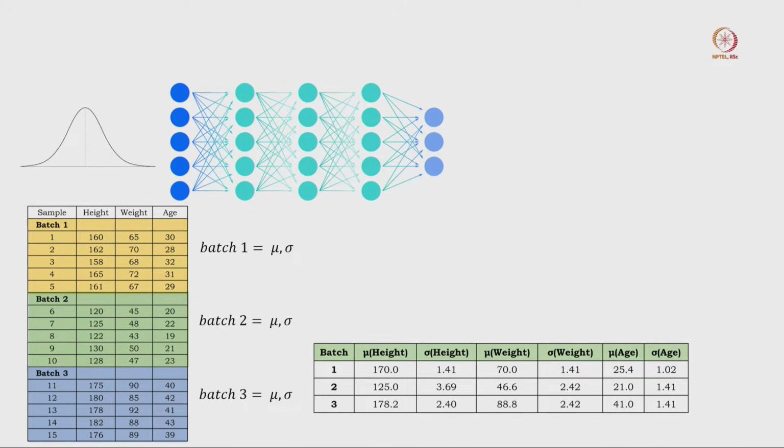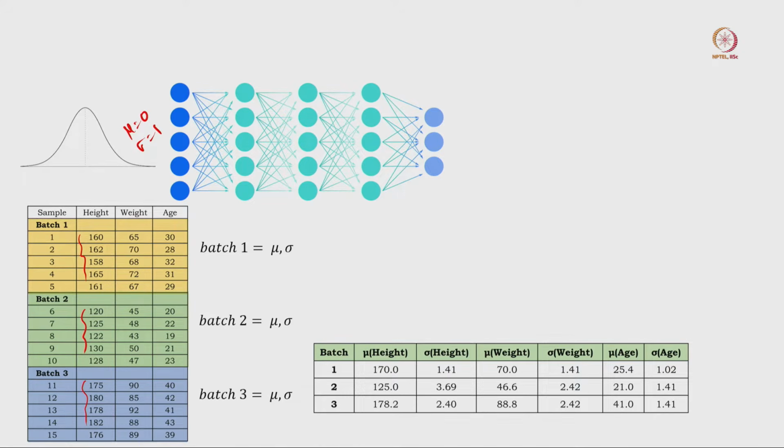Whenever you pass the input, normalize the values and then pass. Irrespective of the values, we make it a unit Gaussian, where the mean is 0 and the standard deviation is 1.